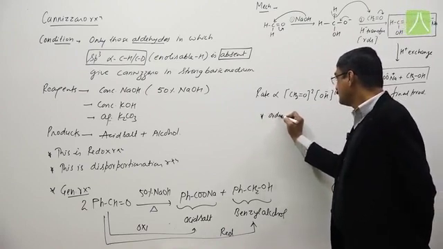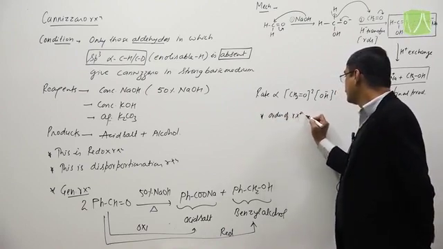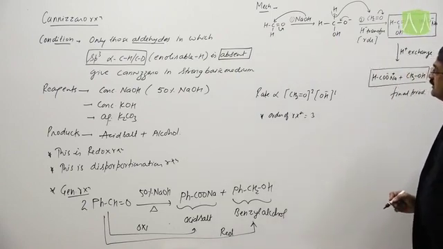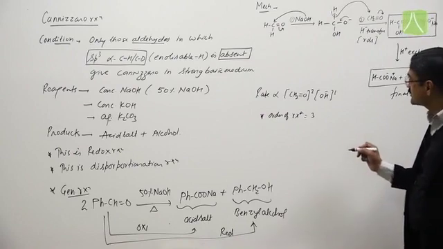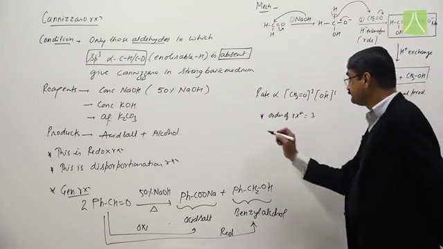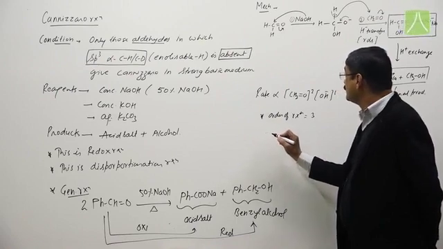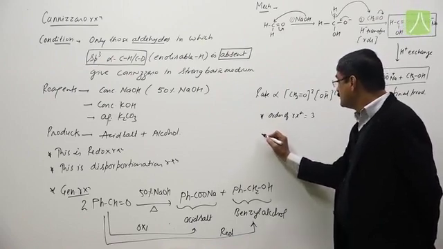That's why the order of reaction is 3. 2 plus 1, that is 3. In general, the order of reaction for the Cannizzaro reaction is 3.